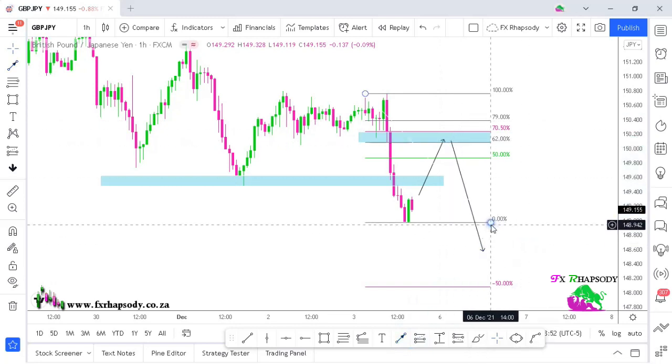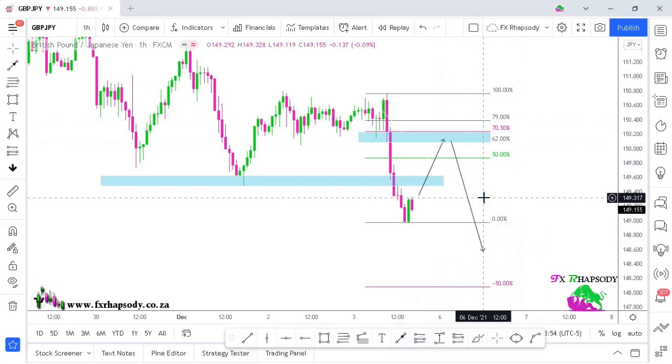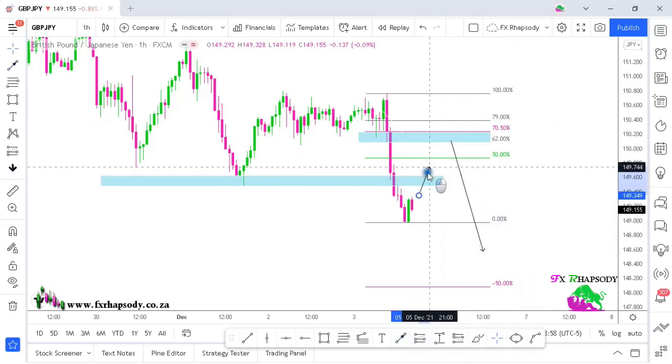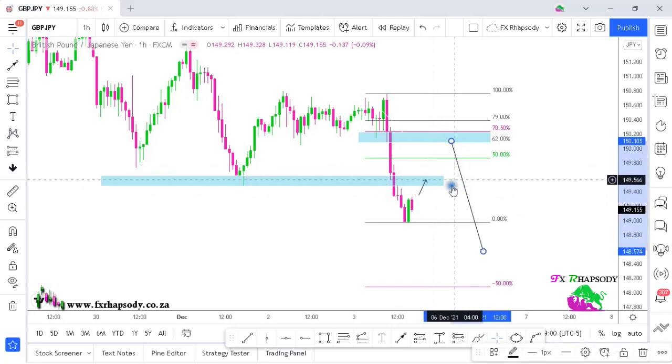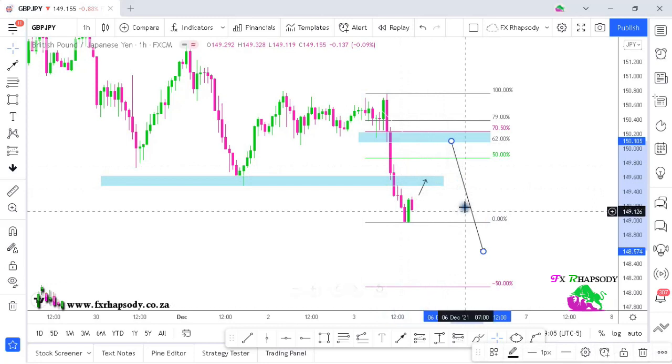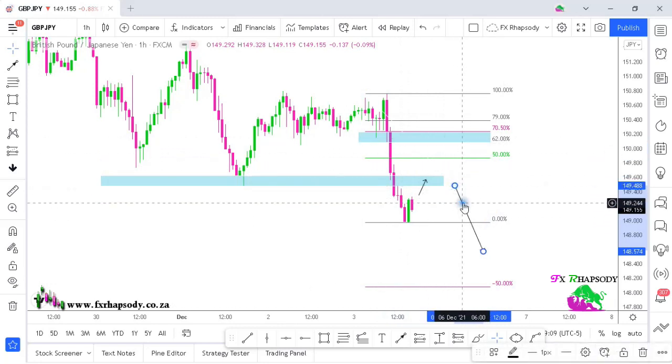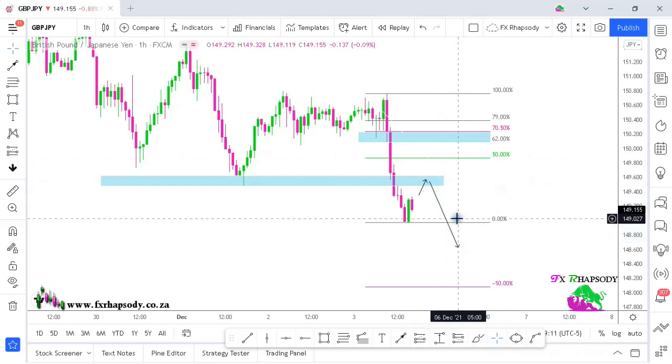But if you drill down even more to the 5 minutes, you might find, drawing your Fibonacci, that retesting this area over here might be more feasible for a nice little sell to the downside. So again, anything can happen.